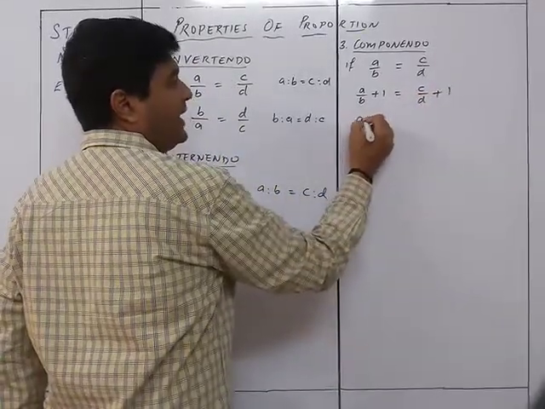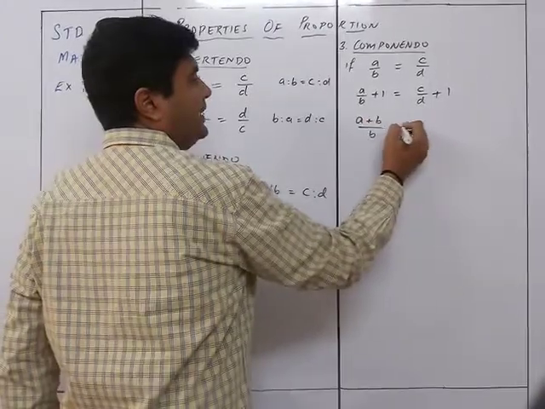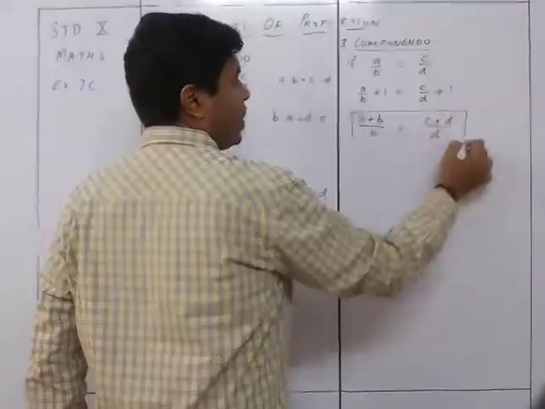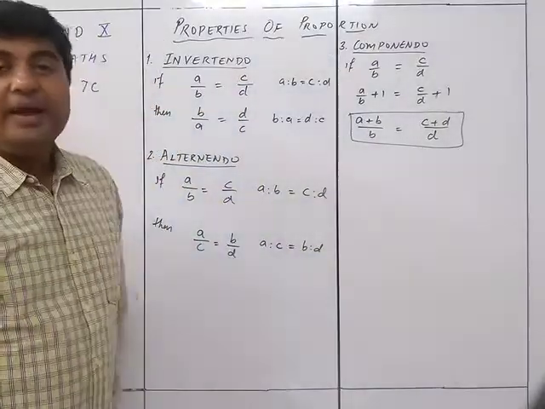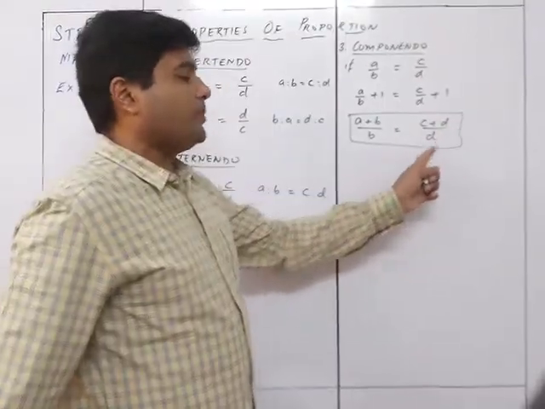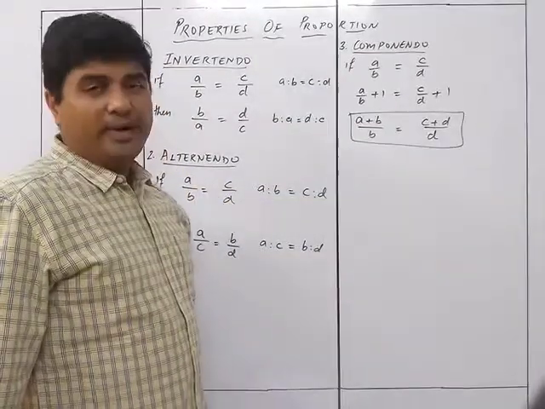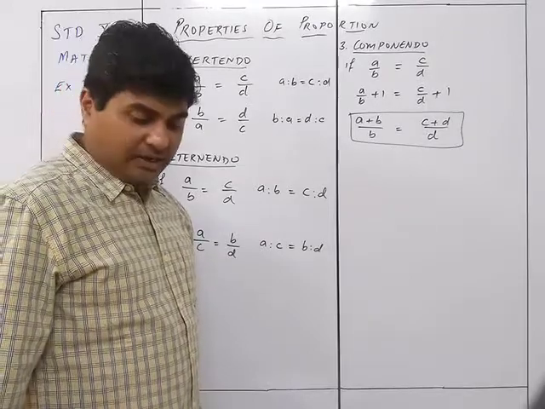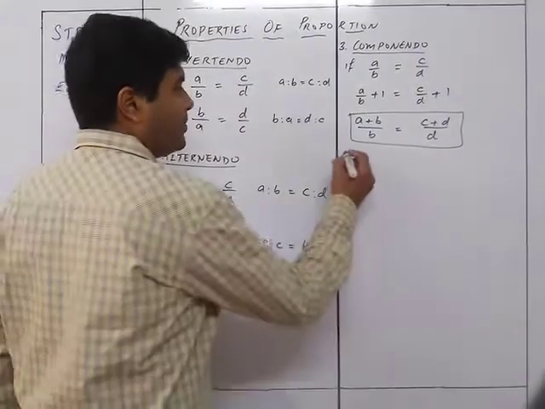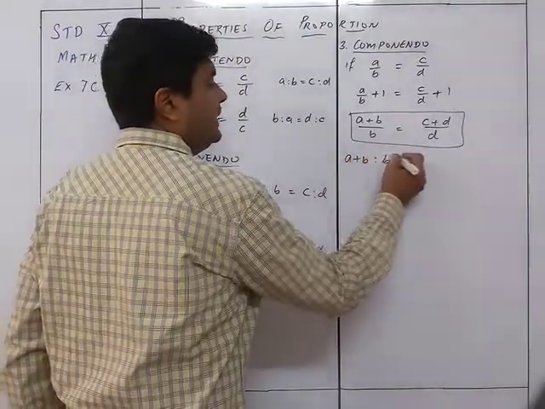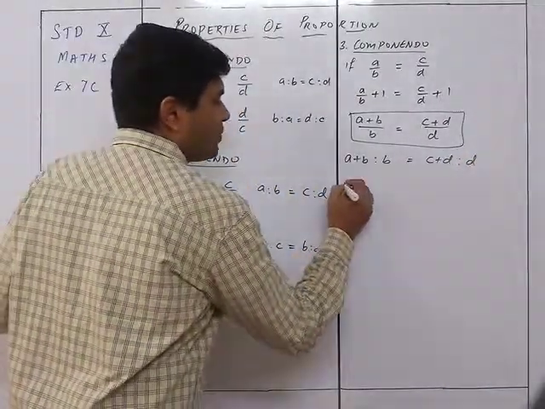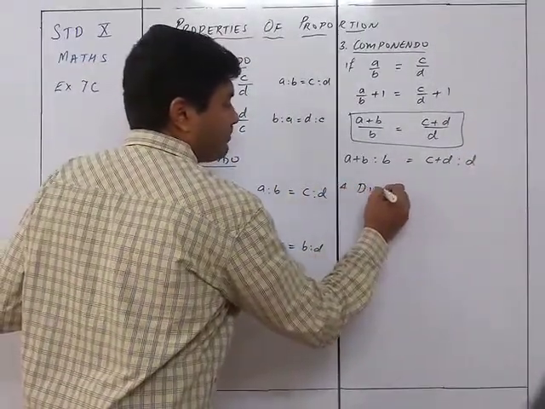Accordingly, A plus B upon B is equal to C plus D upon D. This is the formula for componendo: numerator plus denominator upon denominator is equal to numerator plus denominator upon denominator. Is it clear? We can write it as A plus B is to B is equal to C plus D is to D.